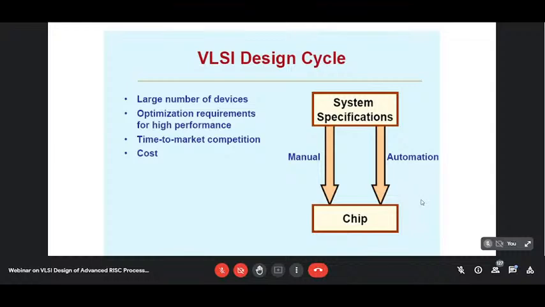That means the user will give the specifications, and using the VLSI design tool, which is nothing but software, the layout will be generated by the tool. So layout indicates how these devices are interconnected and what the pattern of the chip is. Pattern in the sense of layout.